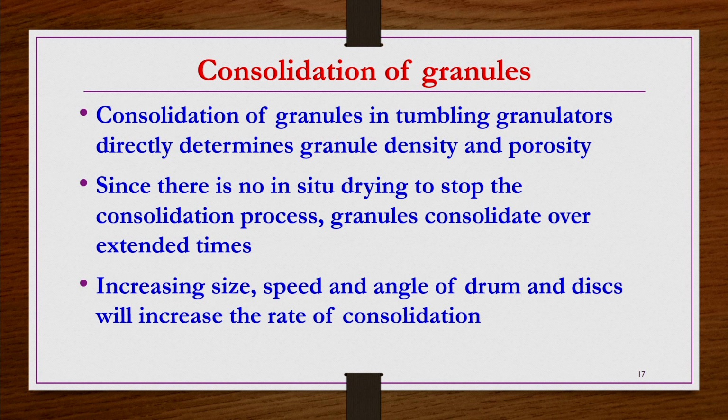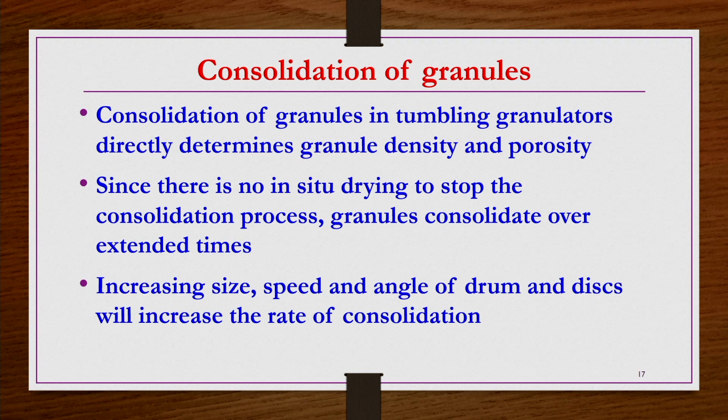Further, increasing the size, speed and angle of the drum and disc will further increase the rate of consolidation. So, if you plan to have bigger equipment in order to handle larger capacity, it is possible that by having such big equipment you may be increasing the consolidation.